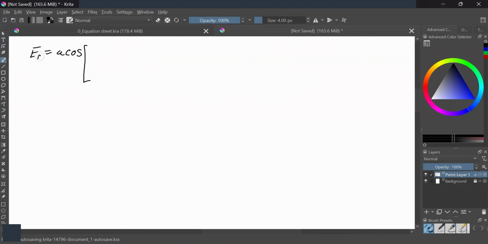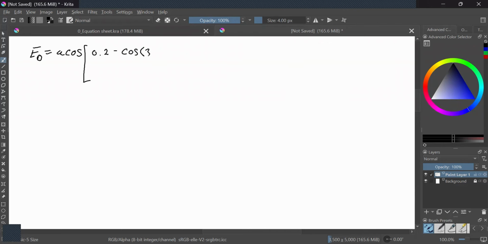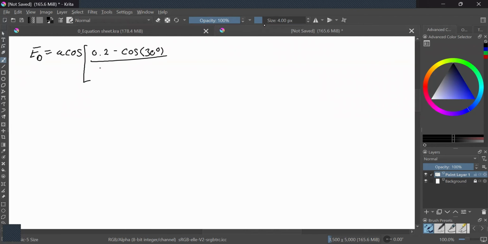Oh, and this is for the initial. We want the eccentricity first, which we know is 0.2 minus the cosine of the initial value of 30 degrees over 1 plus the eccentricity times the cosine of 30 degrees.